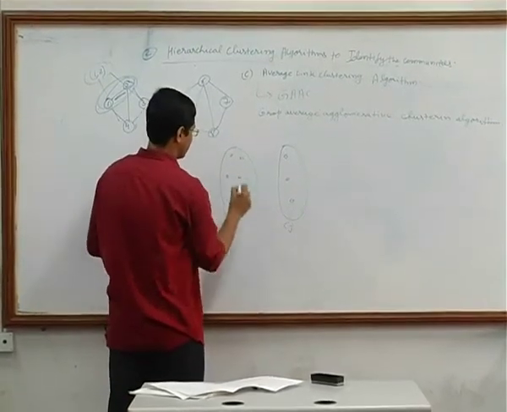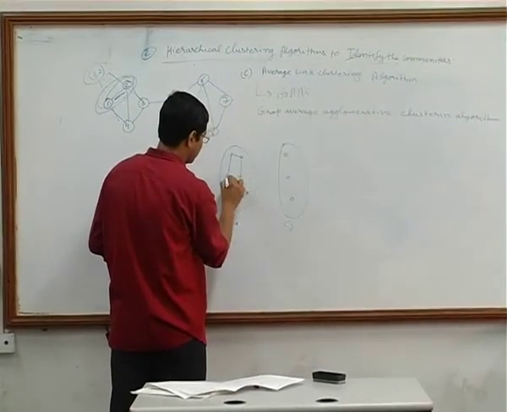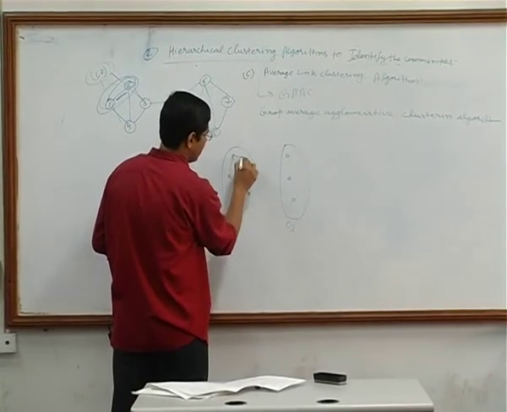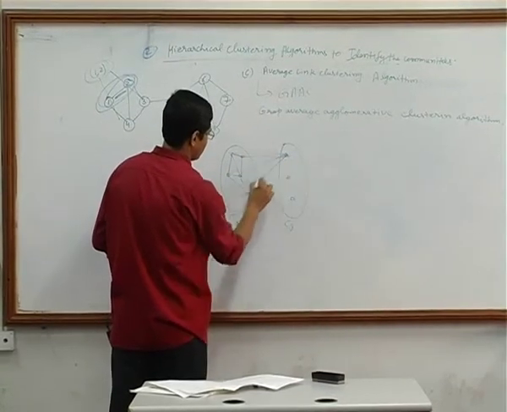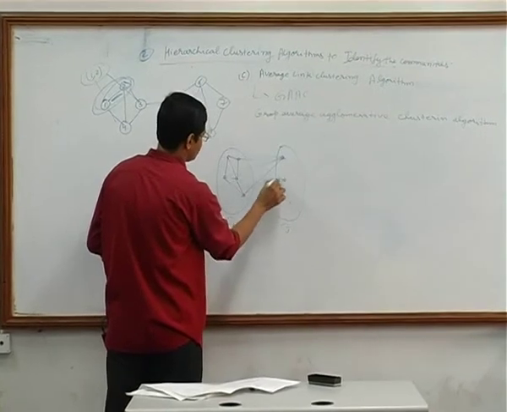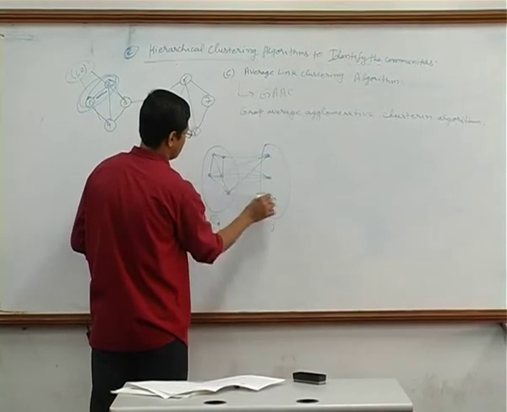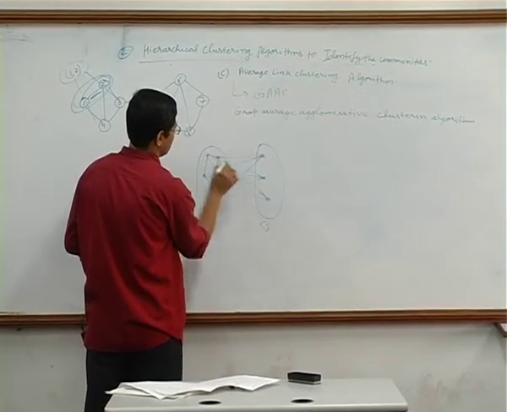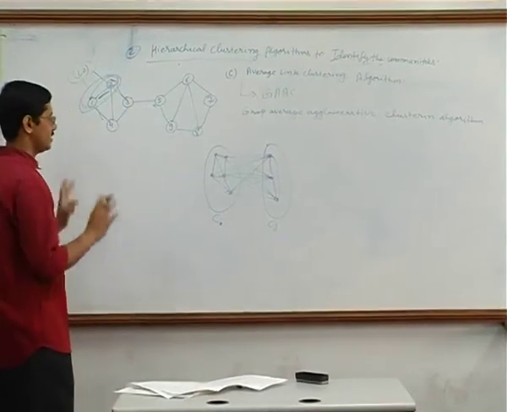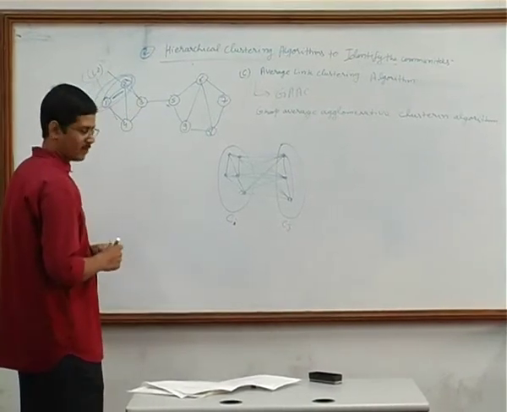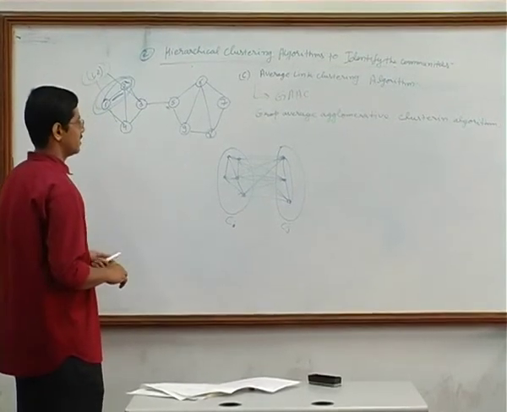Then the algorithm computes the similarity among themselves and outside the group also, like this, and then calculates the average similarity and then merges. So it is more effective than single link and complete link clustering algorithms.